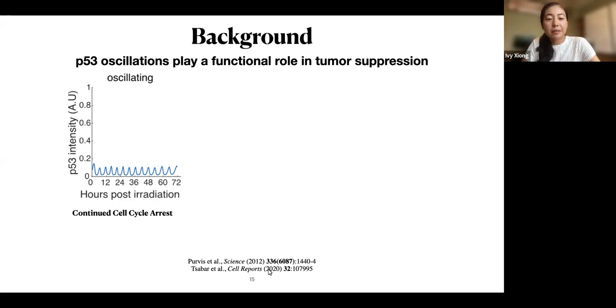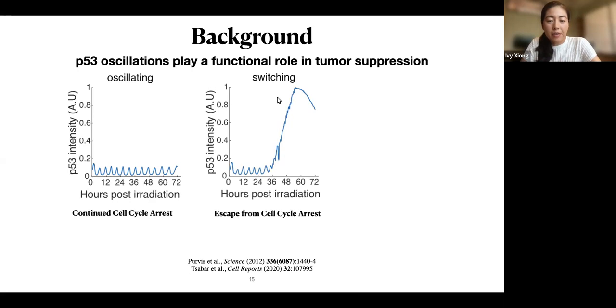However, by surveying recent literature, I did find something. If you look at PV3 oscillatory patterns and how they sustain cell cycle arrest, I found that if you see a switching behavior, from an oscillatory pattern to a constant high level or high dose, the cells would escape from cell cycle arrest.